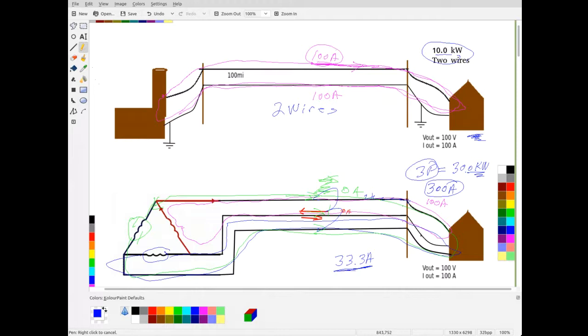So I can reduce the size of my wire, because I can reduce my current by basically 2/3. Instead of having 100 amps, I'm reducing that by 2/3 and I'm just getting 1/3 of the amount of current for the exact same power.